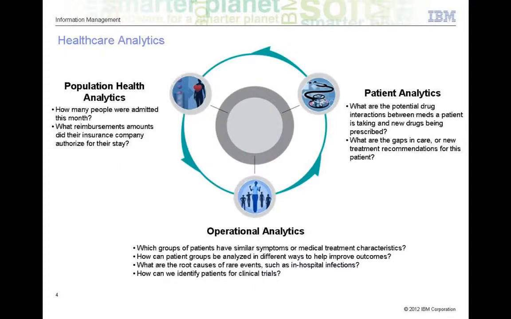As the slide shows, the standard analytics that people are all aware of are population-based analytics. These are usually satisfied by data warehouses that combine some clinical information, patient demographic information, financial information, and other operational information, perhaps supplies, that allow people to do queries and reports, typically retrospectively, such as how many people were in last month, or reimbursement information.